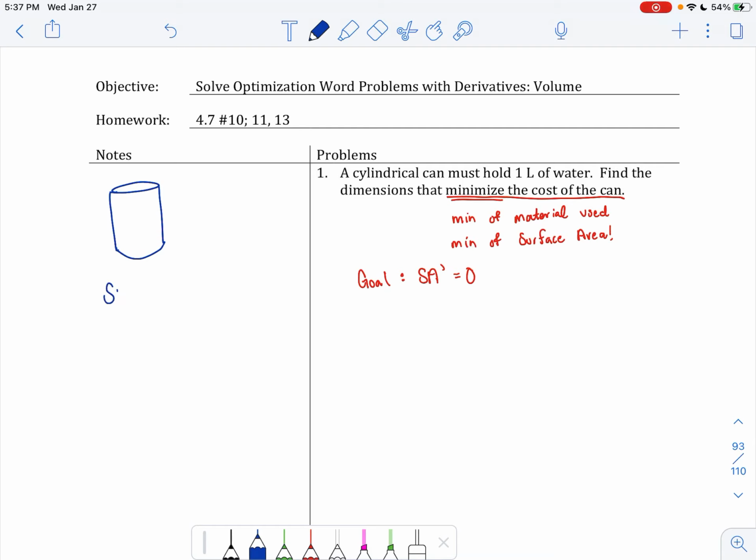So we have the cylinder, and the surface area is equal to 2 pi r squared, which is the area of the top, and then the bottom has the same area, plus the area of the sides all the way around. If you unroll that, it forms a rectangle with the circle on the top and the bottom. The height of that rectangle is the height of the cylinder, and the length is the circumference of this circle, so that it wraps all the way around the can. The circumference is 2 pi r, and then the height like so.